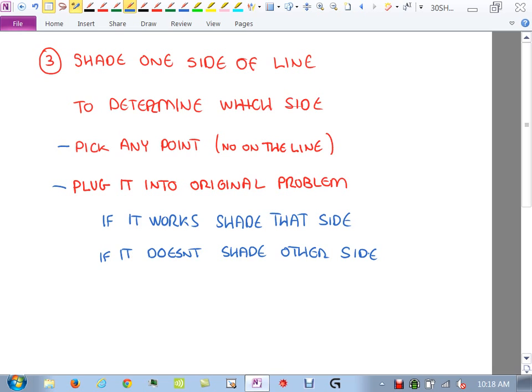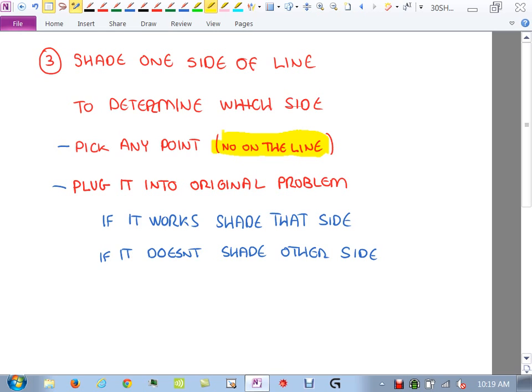And that's it. Those are the steps. Just make sure that you do not pick a number on the line, okay? So when you're looking at your picture, you just kind of stay away from the line. If there's any doubt, like, is that too close? Just go pick something else.